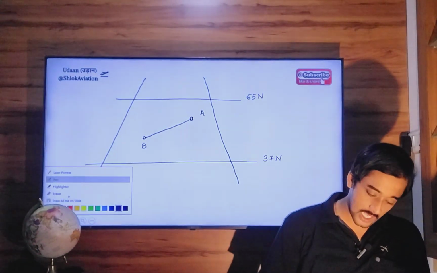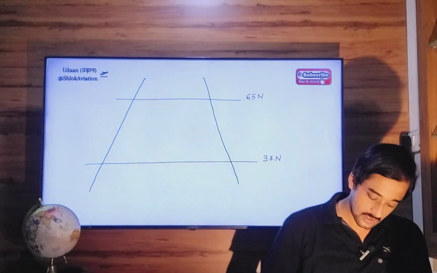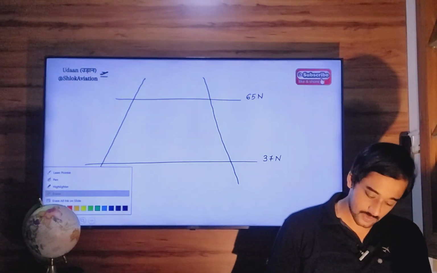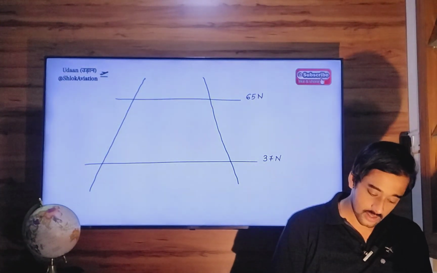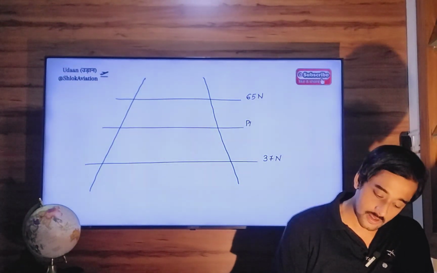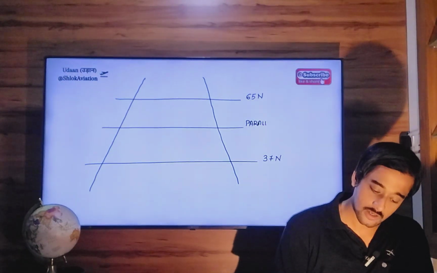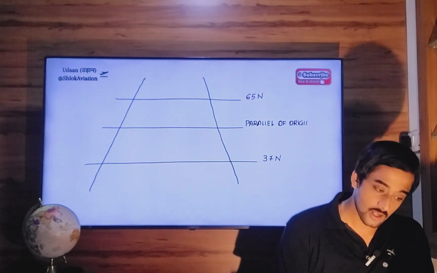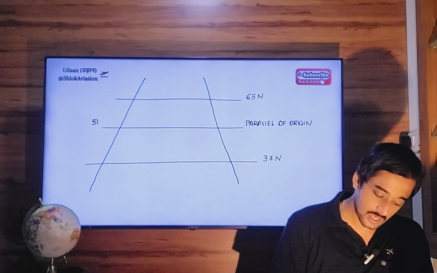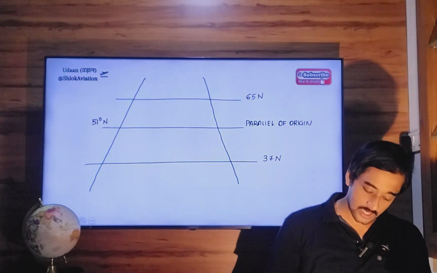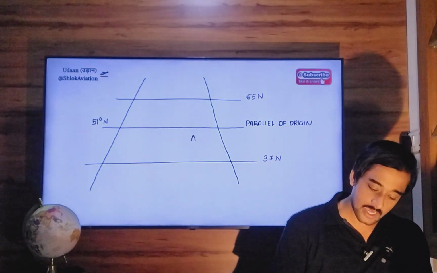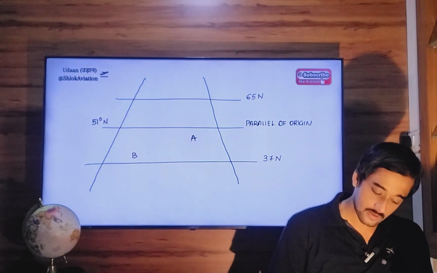So what I will do is I will erase this, and first I will draw this parallel of origin, which is 51-degree north. Now I will draw the 2 points, point A here, point B here.